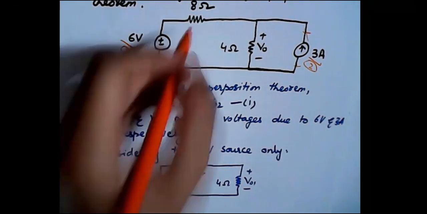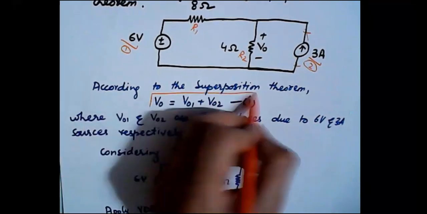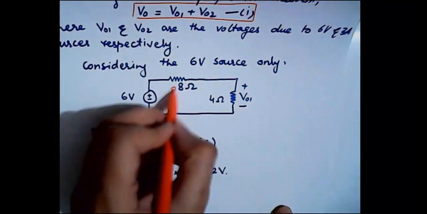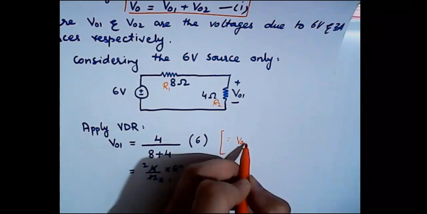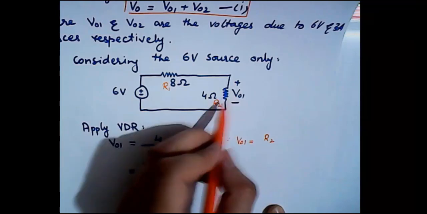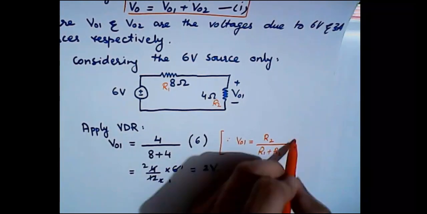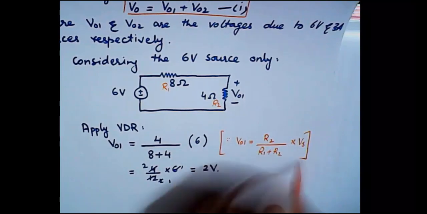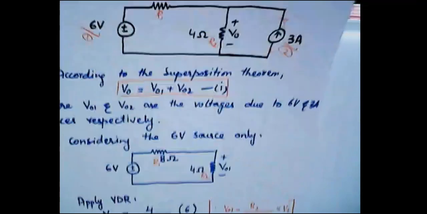We can also name these resistances R1 and R2. So V naught 1 will be equal to R2, because we are talking about the voltage across this branch, divided by R1 plus R2, multiplied by Vs, that is the source voltage. We put the values here and found the value to be 2 volts.